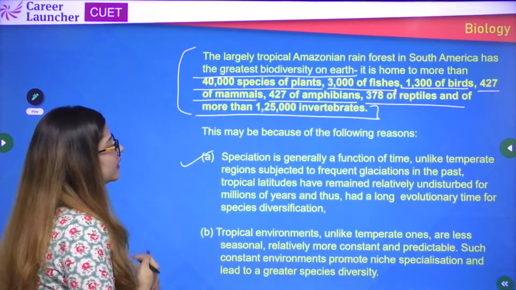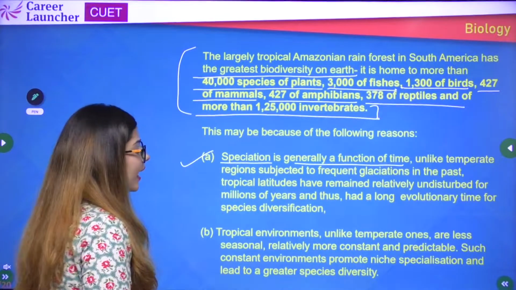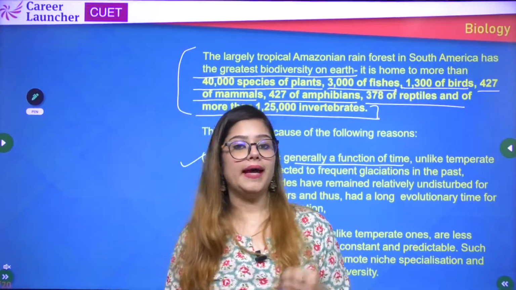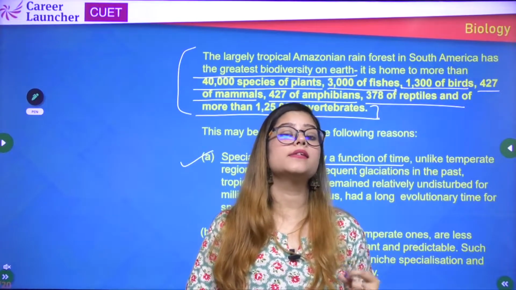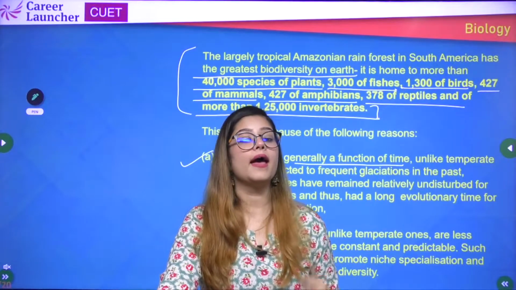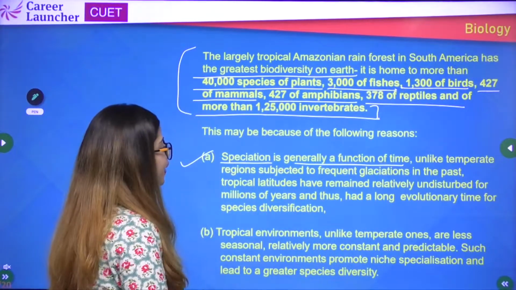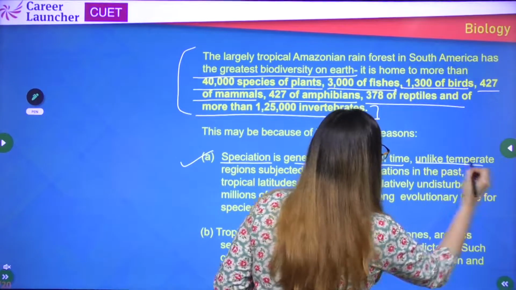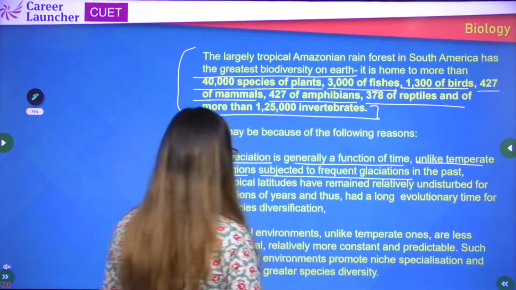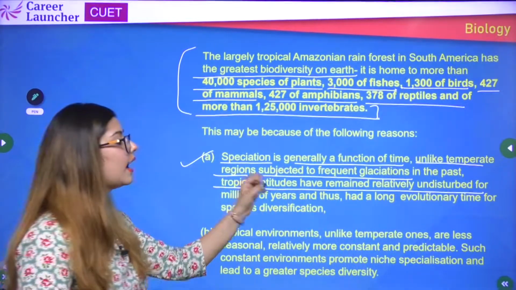First reason is that speciation is generally a function of time. Species take time to develop, and that time should be undisturbed, right? An undisturbed time is required for the generation of more and more species, right? Unlike temperate regions subjected to frequent glaciations, tropical latitudes have remained relatively undisturbed.